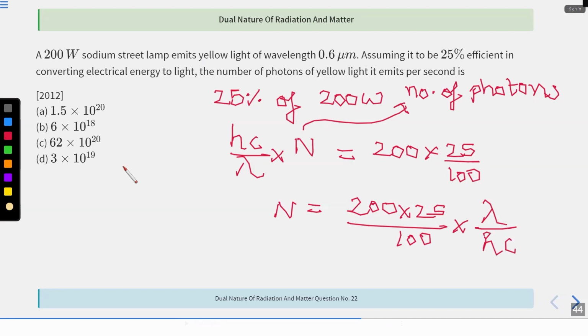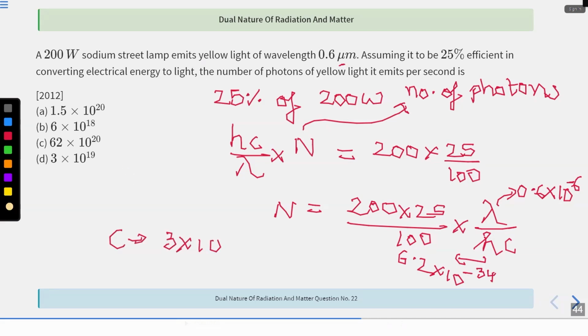So substituting the values over here, we know the lambda is 0.6, and since it is micro, I'll just multiply into 10 to the power minus 6, converting into meter basically, right? And h value is again 6.2 into 10 to the power minus 34, and c value is nothing but 3 into 10 to the power 8 meter per second. So after solving these values, you'll get 1.5 into 10 to the power 20 to be your answer.